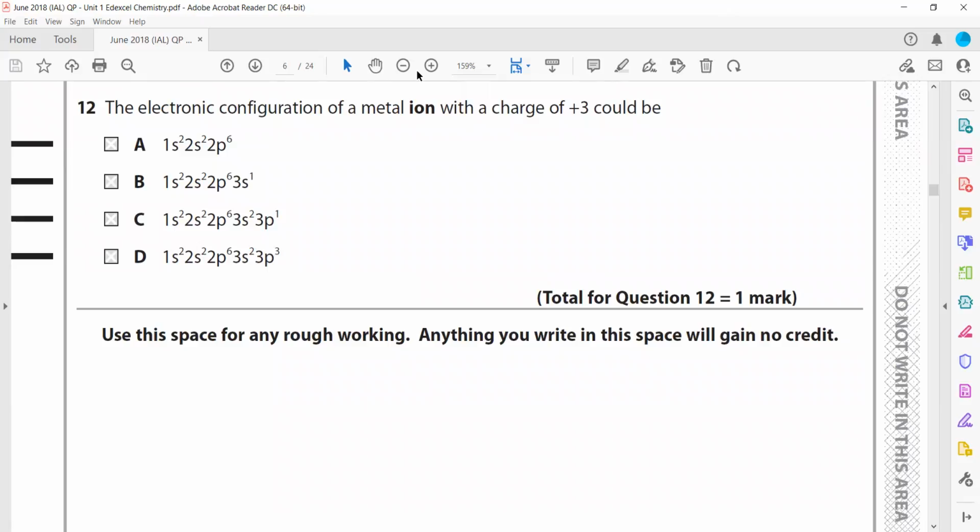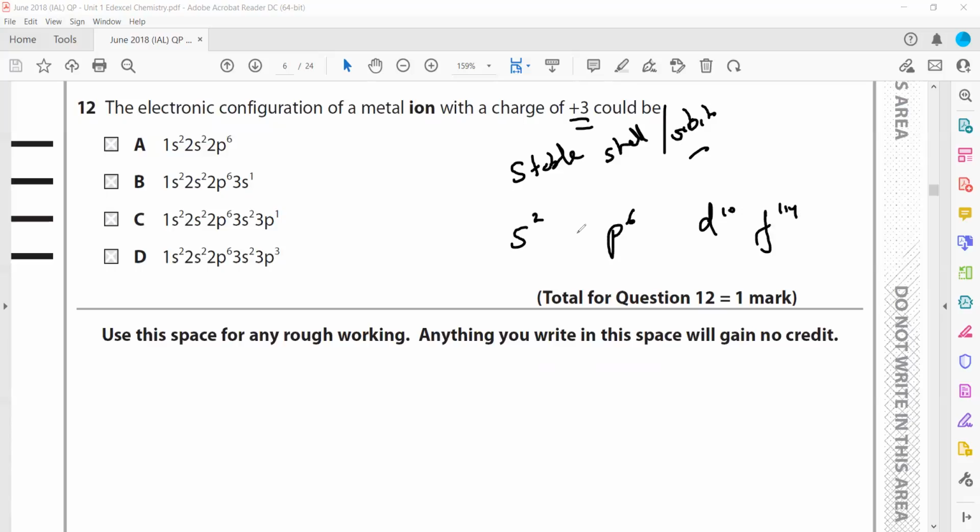And the second thing, whenever ions are formed, they should have a stable shell or orbit or subshell, we can say. So how will a stable subshell be there? When ions are formed, loss of electrons occurs. So S should have 2 electrons, P 6 electrons, D 10 electrons, and F 14 electrons. So we have to check this.